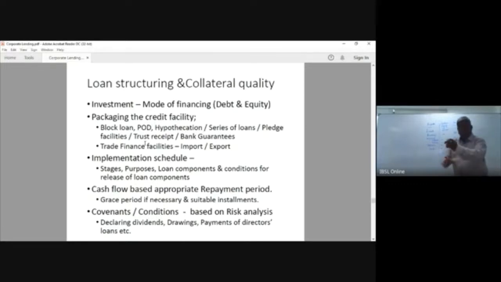So you have to prepare the cash flow by doing the projected financial analysis. I have told you, there you would have a projected balance sheet, projected profit and loss, projected cash flow. From the cash flow, if the loan is granted, what may be the repayment period. So based on the projected cash flow you will decide. Based on that, maybe a long-term loan facility.